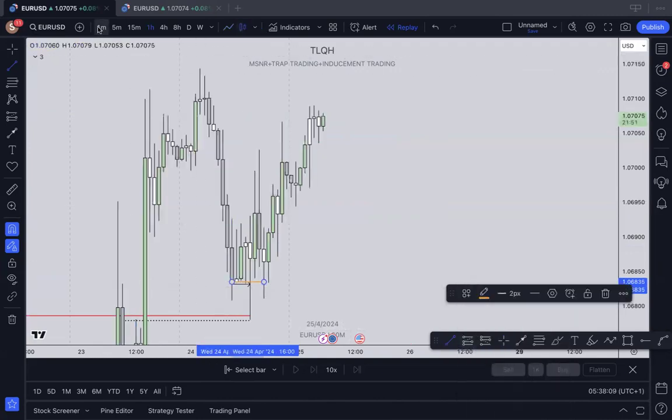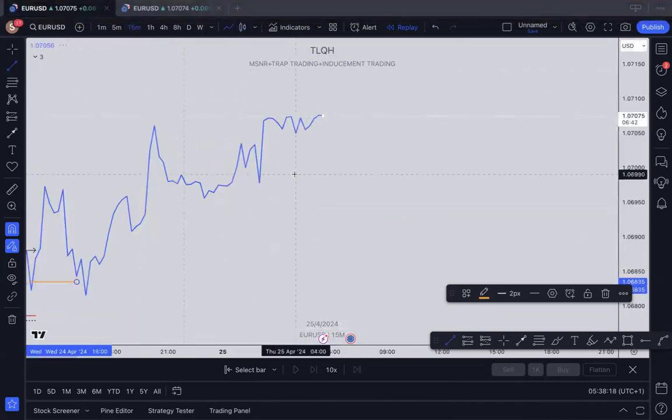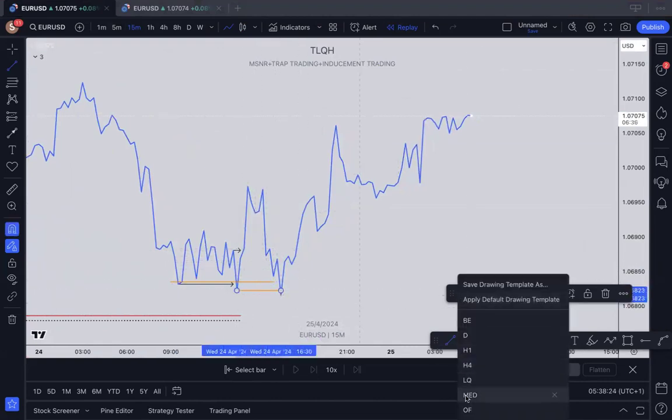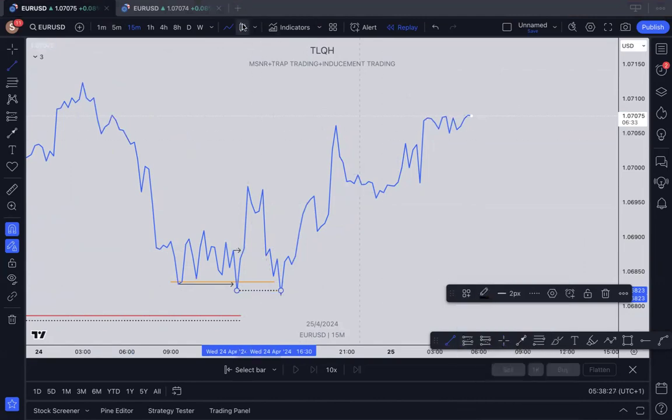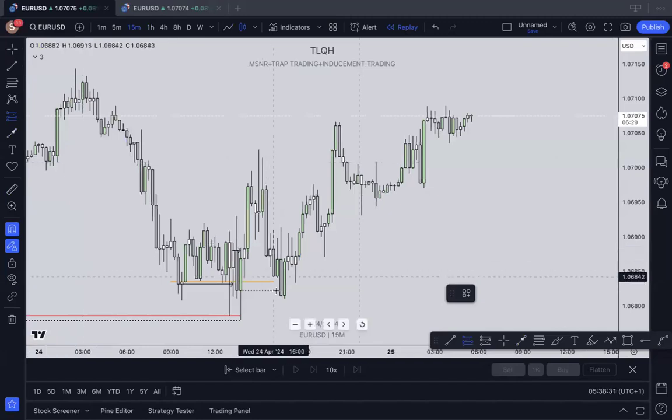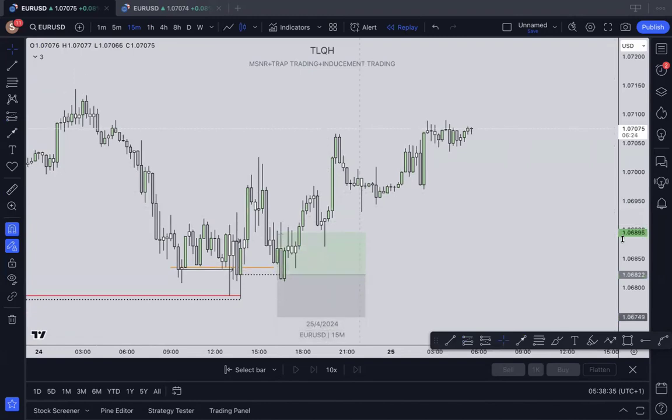And then we have a look on the 15-minute. Where is our gap level? Sorry, not gap level. Where's the next level? And it is here. I don't think there was a gap level, was there? No. So this one, super accurate. Yet again, in and out, just like so.